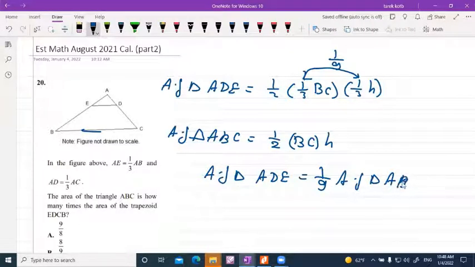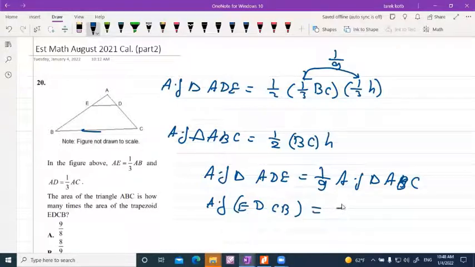If you subtract this 1/9 from the big triangle, it will be 8/9. So the area of the trapezium EDCB equals 8/9 of the area of the triangle, because 1 minus 1/9 equals 8/9.